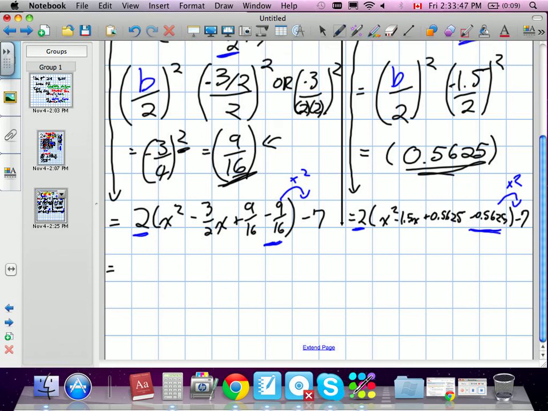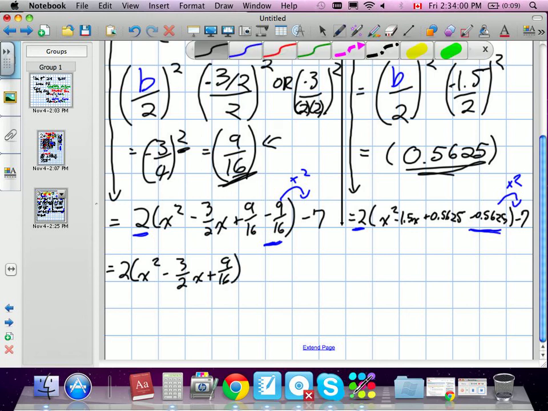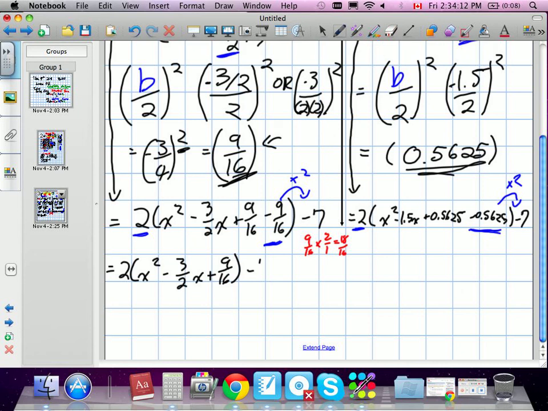So with our fraction form, we have 2 times x squared minus 3 over 2x plus 9 over 16. Now when I multiply this, I don't really have a lot of room to show you here, but 9 over 16 times 2 over 1 is going to give me 18 over 16. Okay, so minus 18 over 16 minus 7.